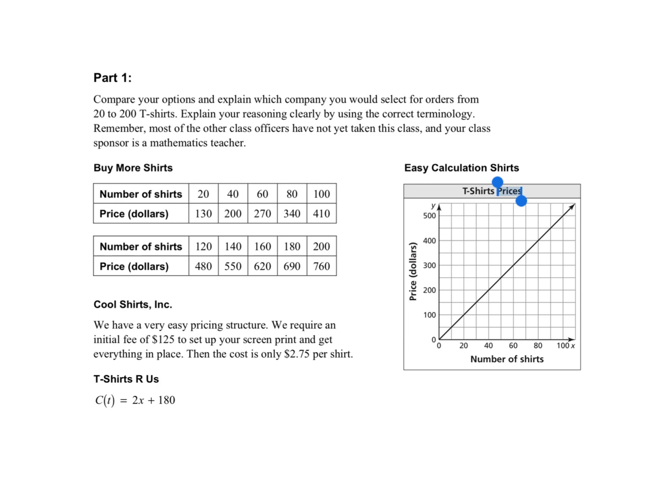You can put the number of shirts into the equation for T-shirts R Us and calculate that. You can take the data from the graph and put it into a table, and you already have a table for buy more shirts. That is one way to do it.